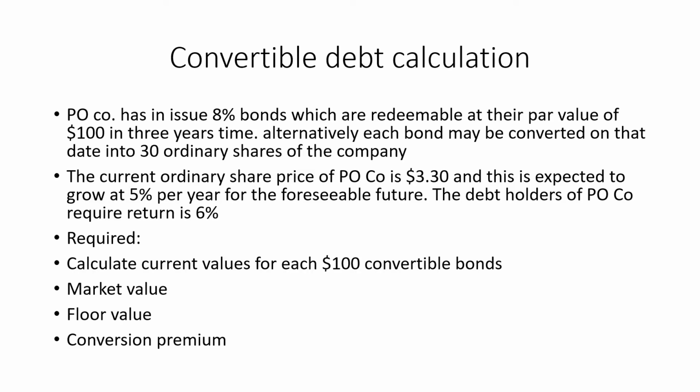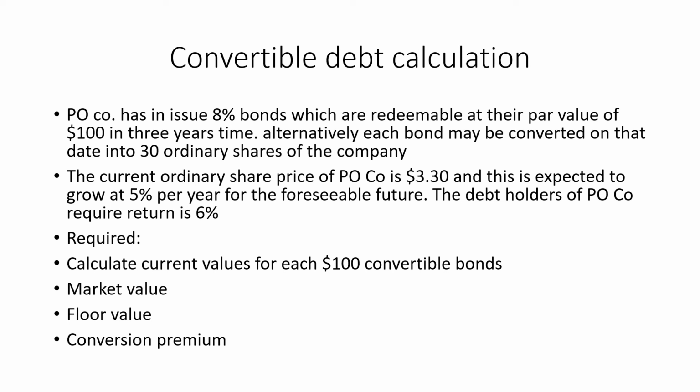Now, there is another question through which we can explain the market value, floor value, and conversion value. So, first of all, PO Corporation has an issue of 8% bonds, which are redeemable at their par value of $100 in 3 years' time.